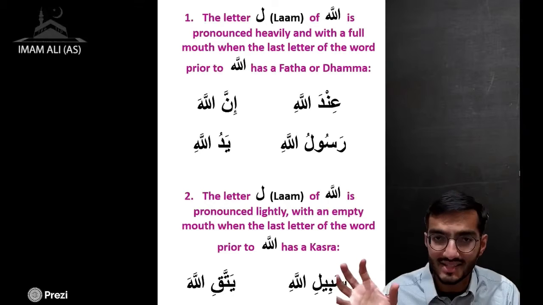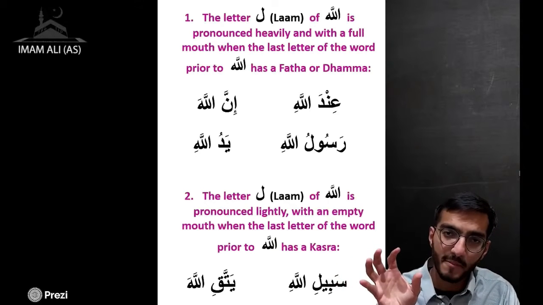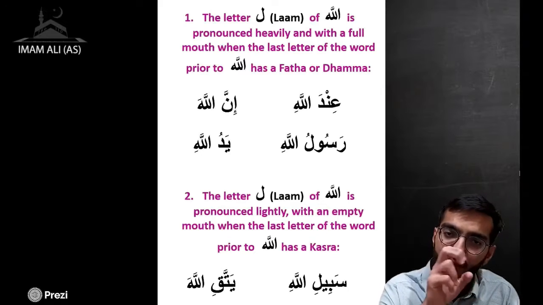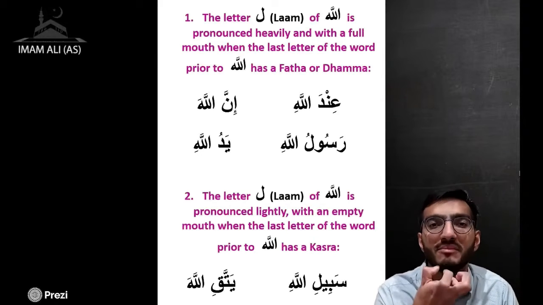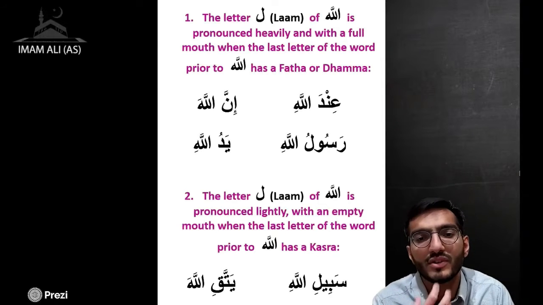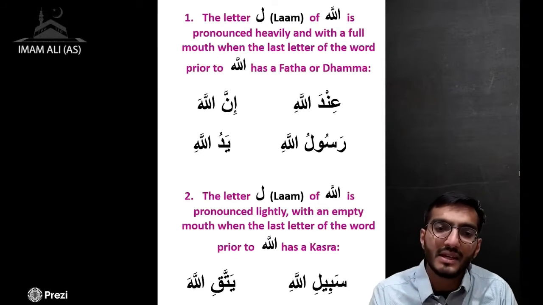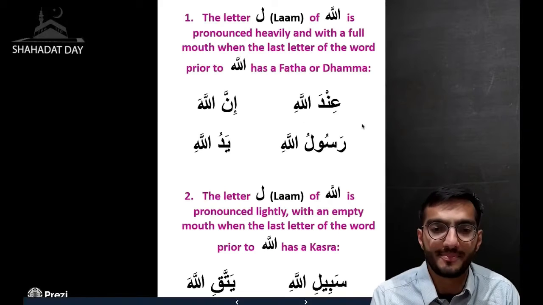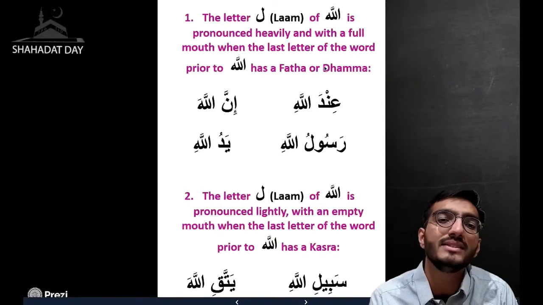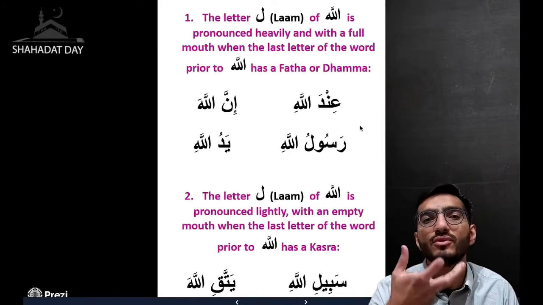So if the last letter before Allah has a fatha or a dhamma, the Lam of Allah is pronounced with a heavy mouth, with a round mouth. So, for example, Indallah. It's not Indallah, Indallah. You pronounce with the full mouth.